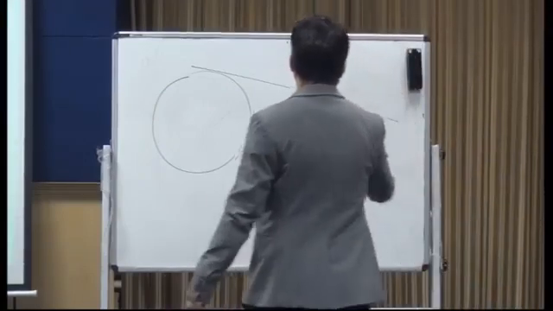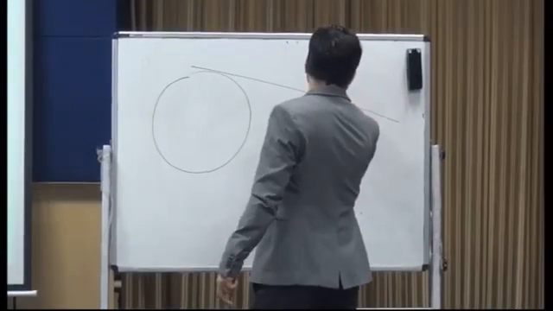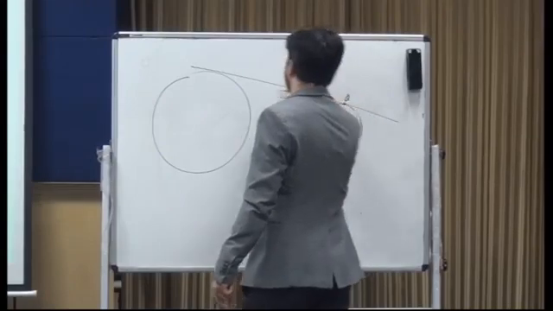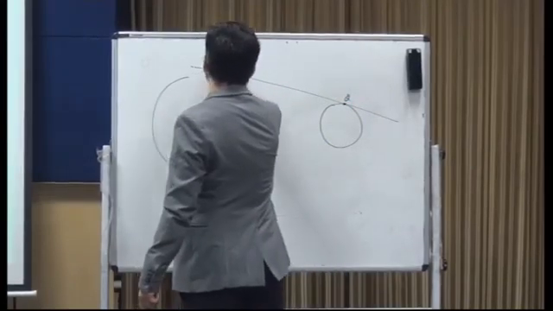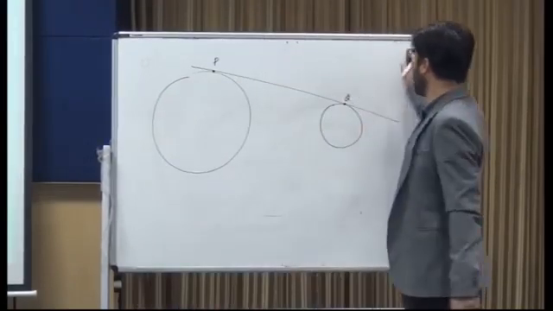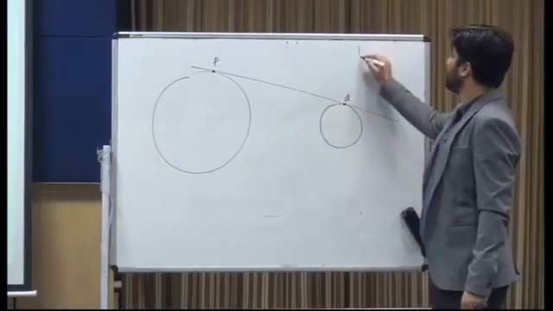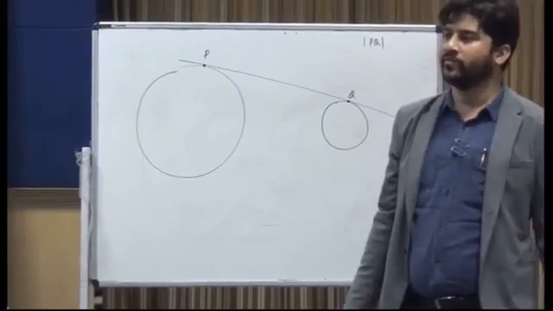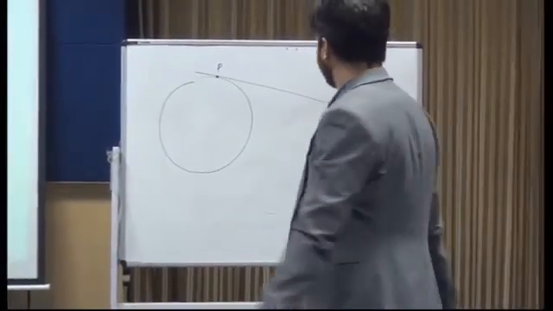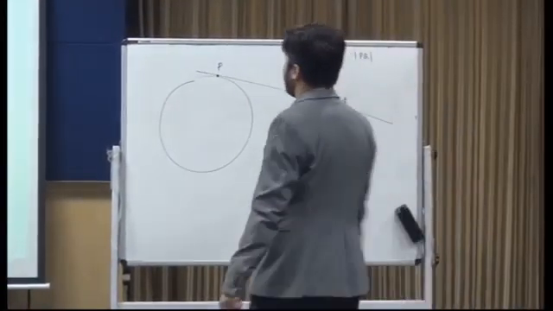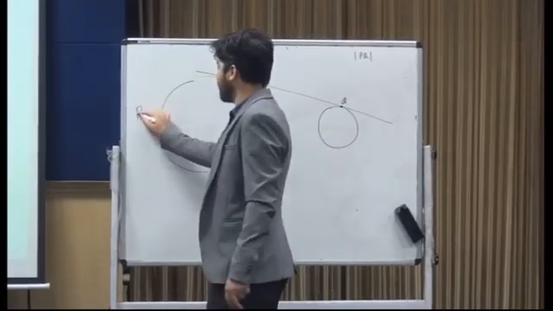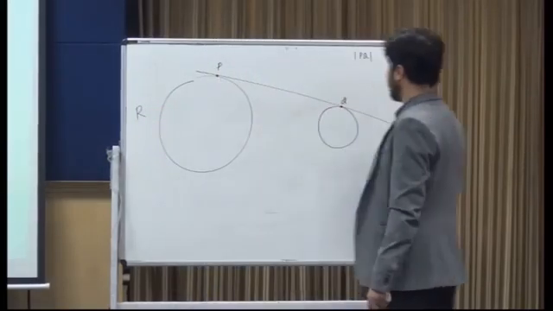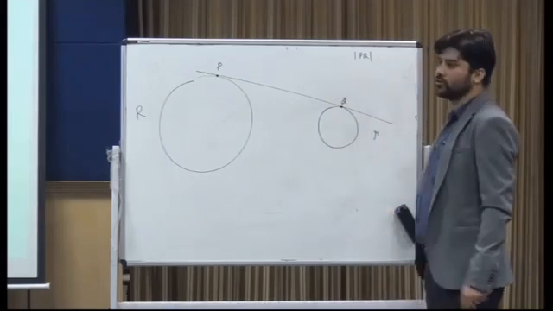Now the points of contact, I'm going to call them Q and P. Now here my purpose is to find the length of PQ, right? We have to find the length of the DCT. Now I'm taking this radius as capital R and this as small r.